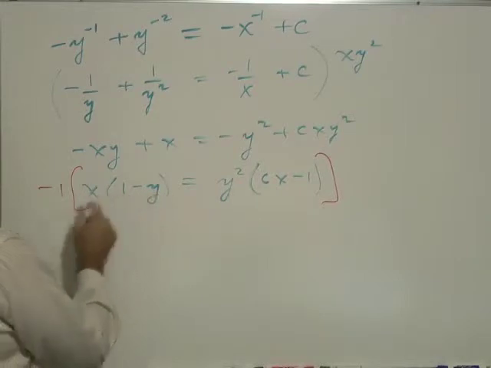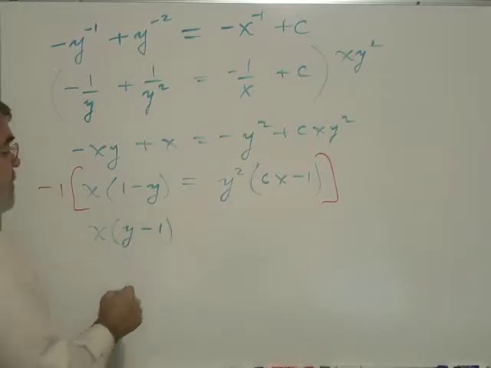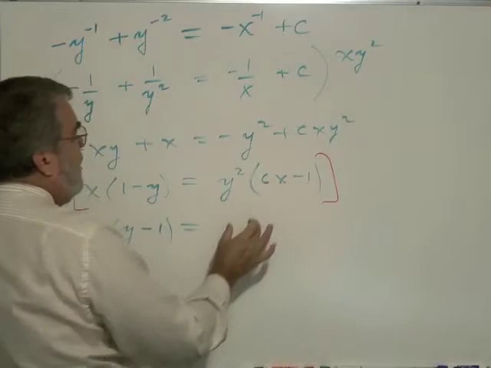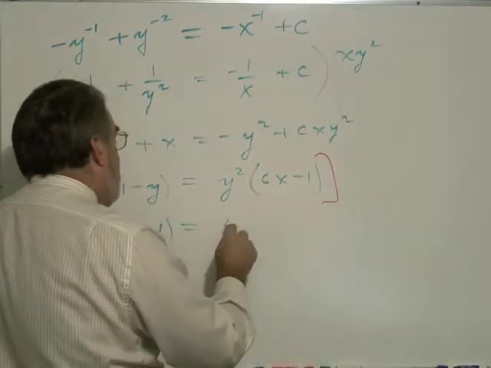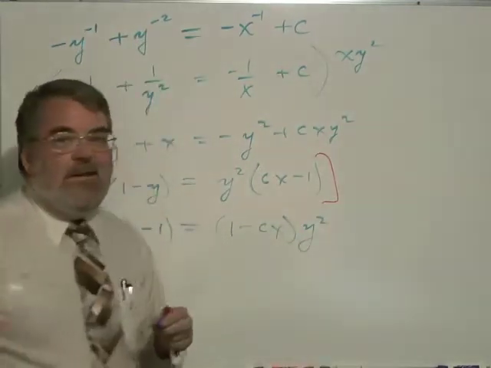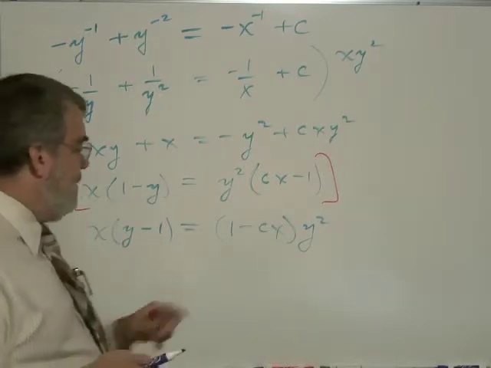It'll be a plus y minus 1. So that gives me x times y minus 1. And on the right side, if I multiply the minus 1 through here, I'll get a 1 minus cx times y squared.